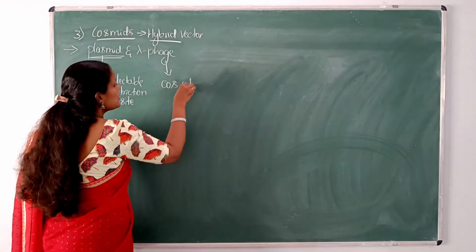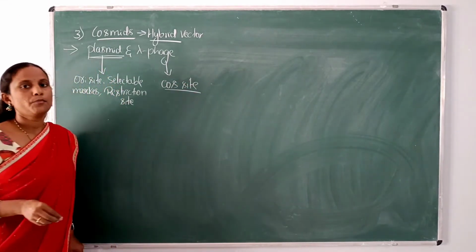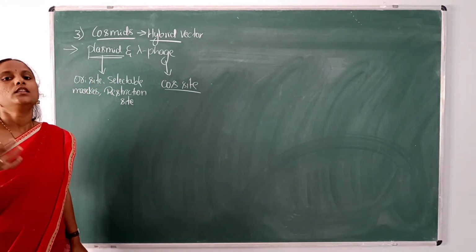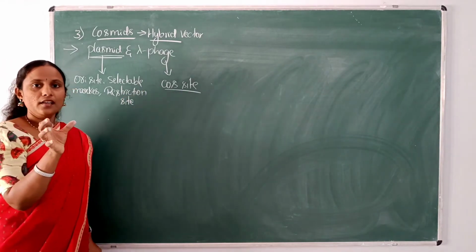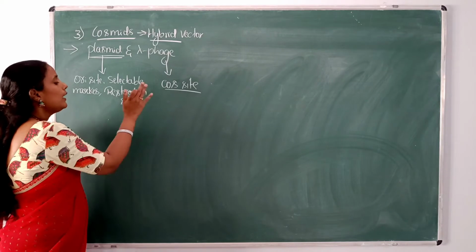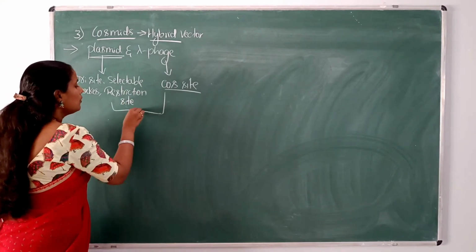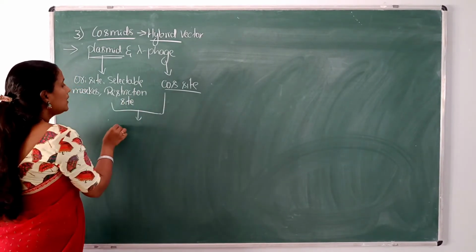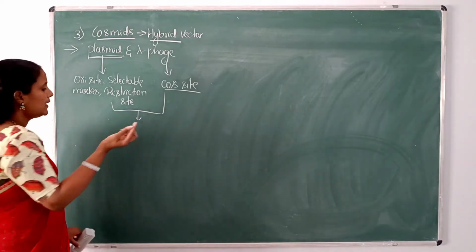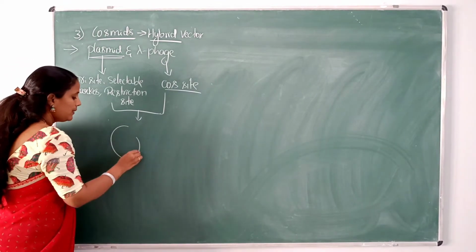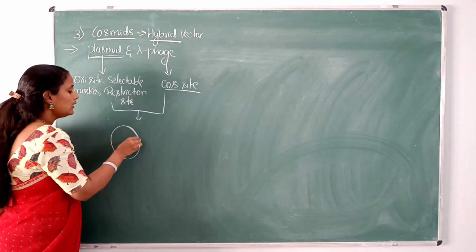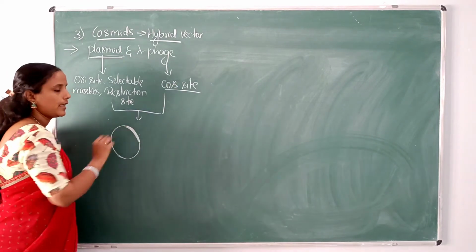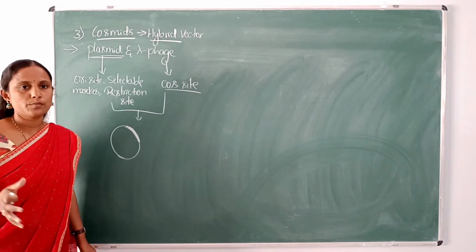We have discussed just now that the cos site is important for packing the genetic material into the phage head, and that site is complementary, so that site is taken, and the combination of these two gives rise to the cosmid. It is just like the plasmid will be taken and a cut made here, and then through that cut they will clone the cos site. So then it becomes a cosmid.